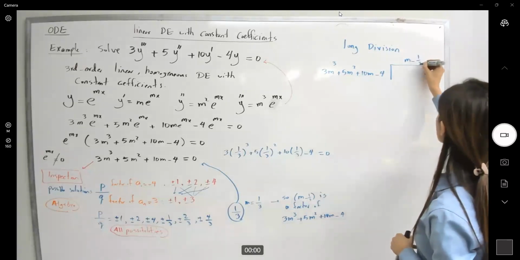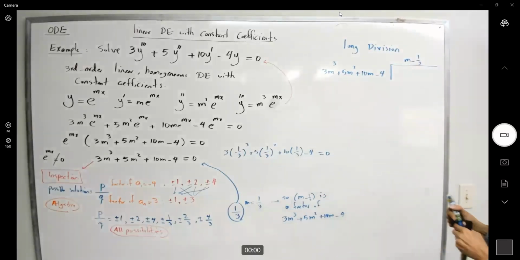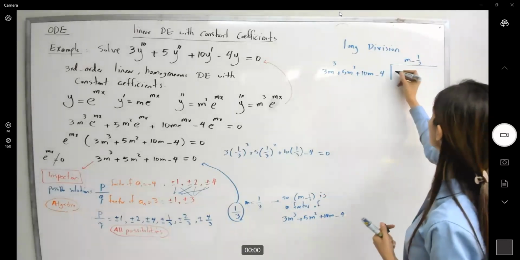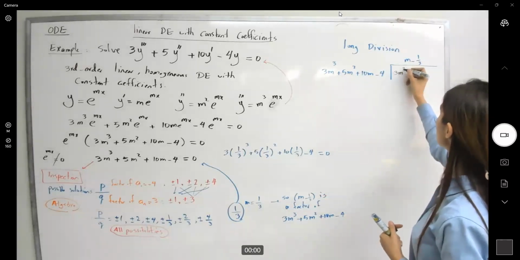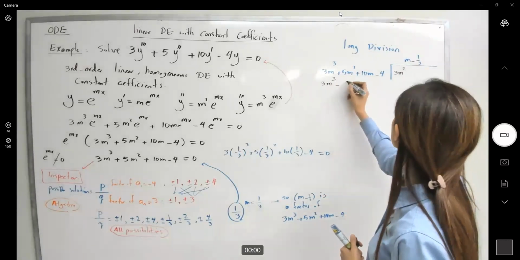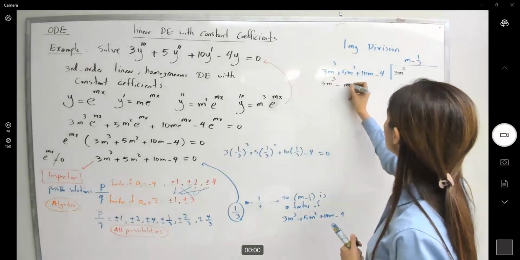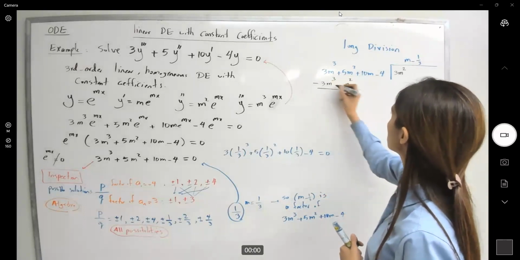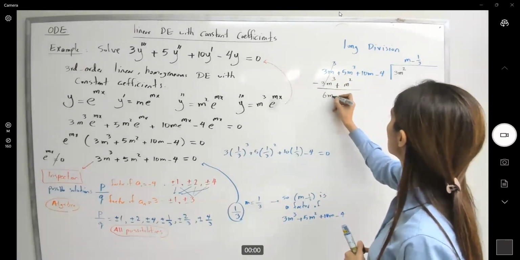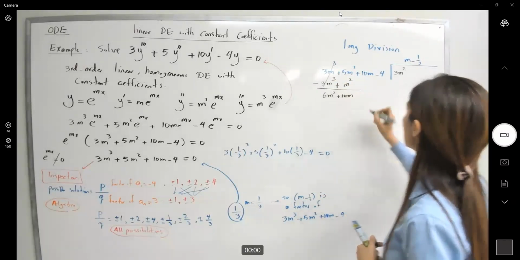Step by step, we're trying to find what is missing. First, we need 3m cubed, so we multiply by 3m squared. We get 3m cubed minus m squared, and we subtract these two. We get 6m squared plus 10m.